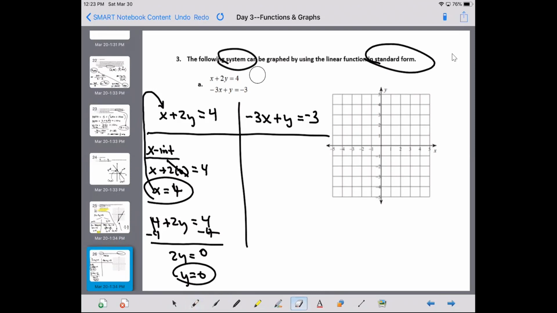Let me back up there. I know on this first equation that an x-intercept of 4 is (4, 0).